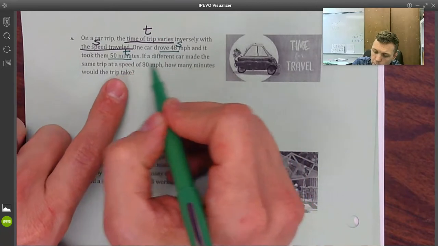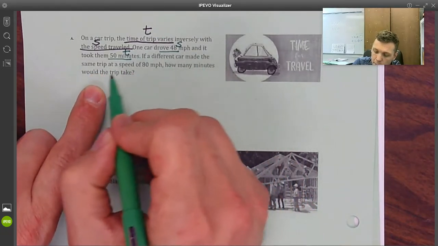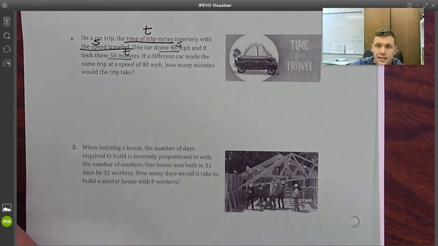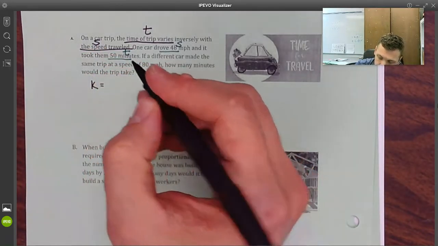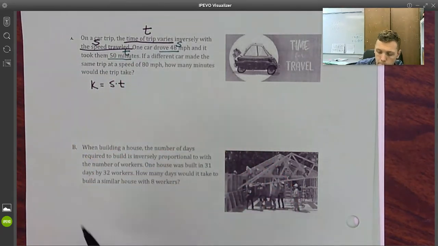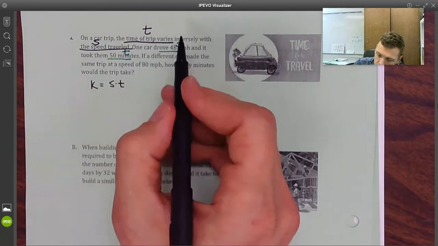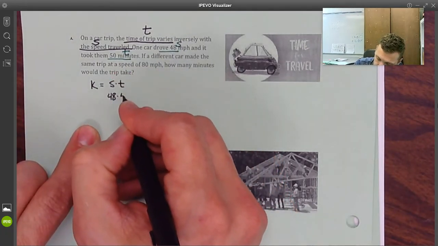If a different car made the same trip at a speed of 80 miles per hour, how many minutes would the trip take? So, first, we are going to find our constant of variation by multiplying s and t. All right, so here my s is 48, my t is 50.